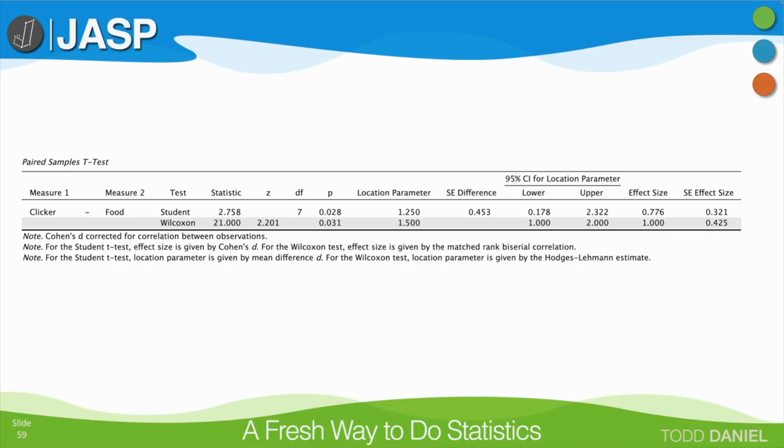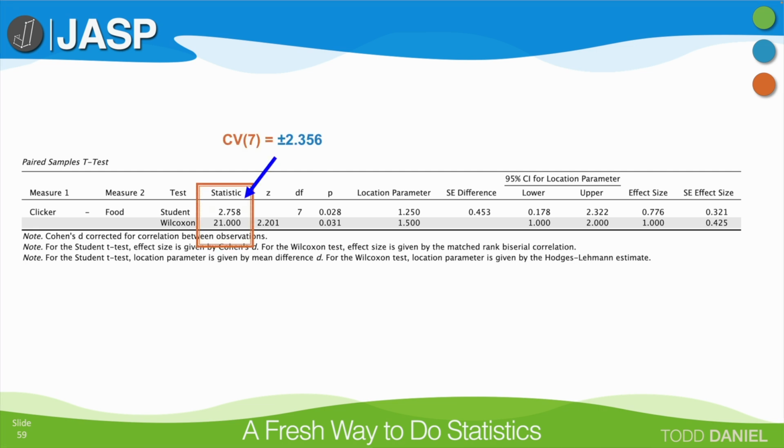Turning to our interpretation of the paired samples t-test, you'll notice I have both Student and Wilcoxon. These are going to look very, very different from each other. Wilcoxon is using a Z statistic versus the t test statistic for the Student's. But pay attention exclusively to Student's t-test.